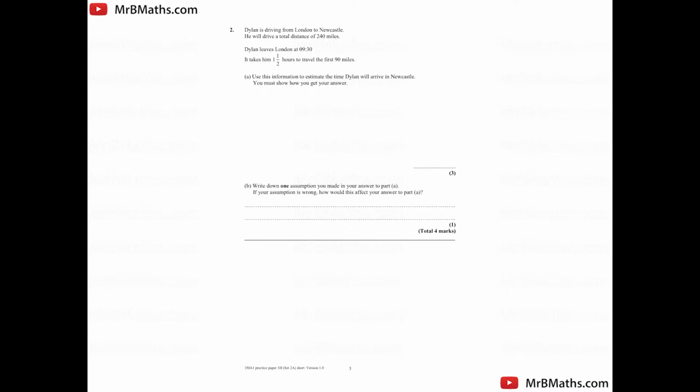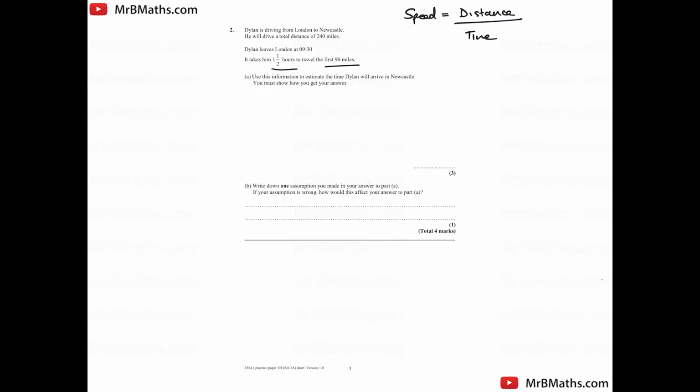Okay, so we're looking at speed equals distance over time. So for the first 90 miles, we get given a time. So we've got 90 miles, the hour and a half at 90 miles.